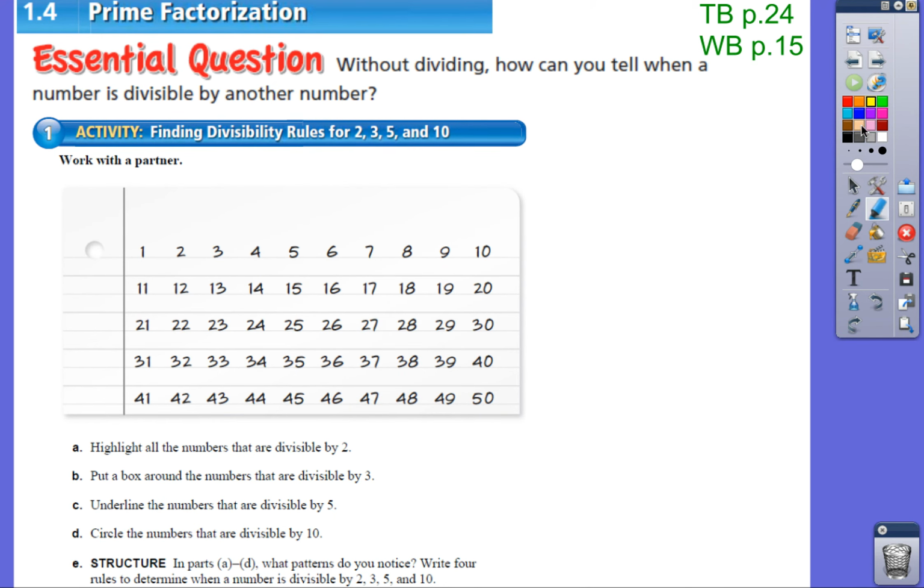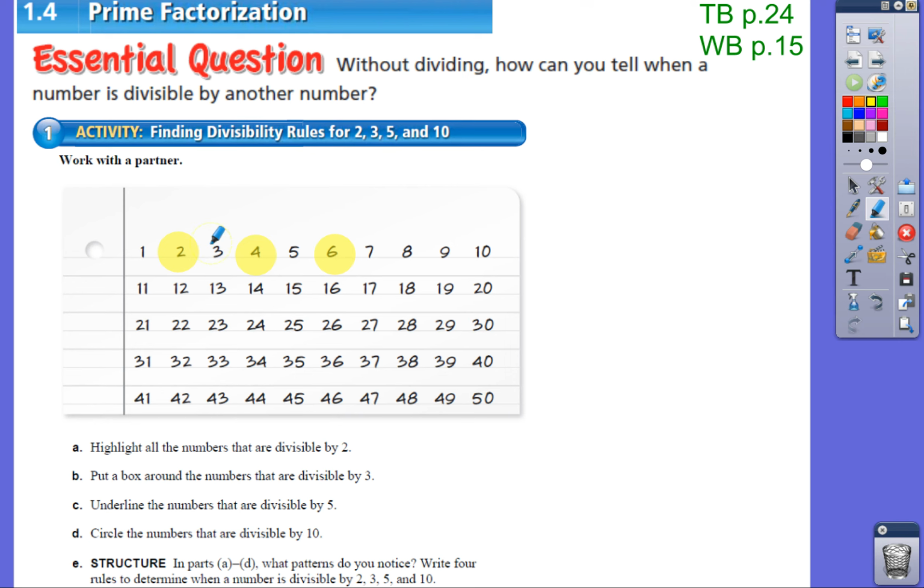So if I were going to be doing this in my workbook, I know that the first number that I can multiply, 2 times 1 is 2, so I've highlighted it. 2 times 2 is 4, 2 times 3 is 6, and I'm just going to keep going and highlight all of the numbers that are multiples of 2. The next one is the numbers that are divisible by 3, and you need to put a box around it.